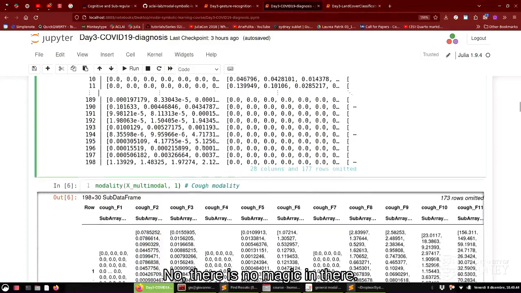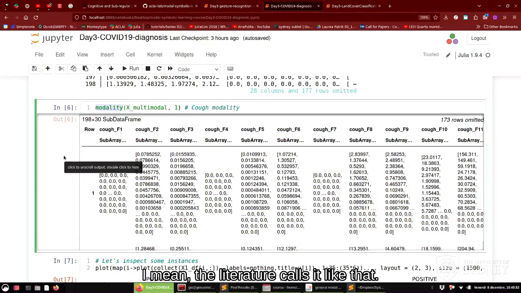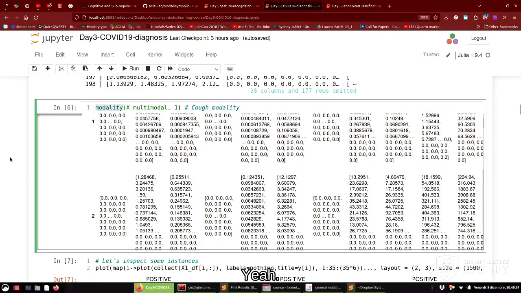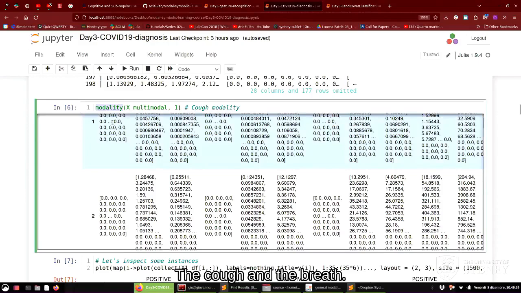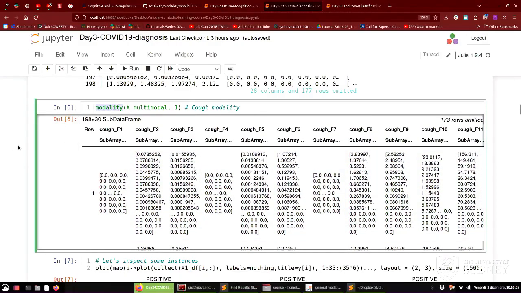So there is no magic in there. We call each of these the modalities of the data. No, it's not we call, I mean, the literature calls it like that. So in this case, I have two modalities, the cough and the breath. So this is an example. I'm showing the cough modality.